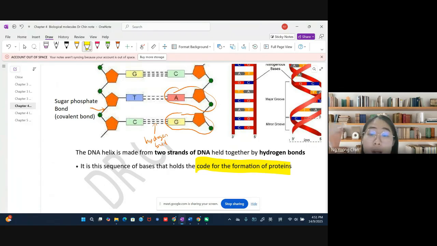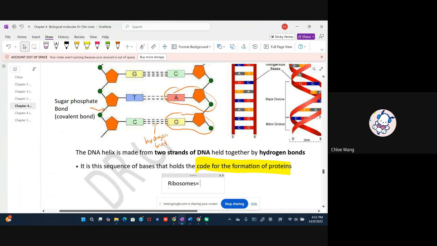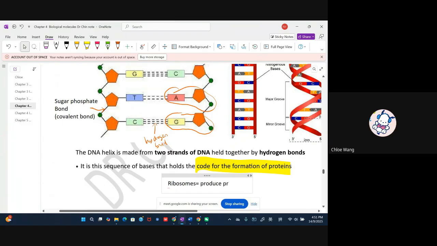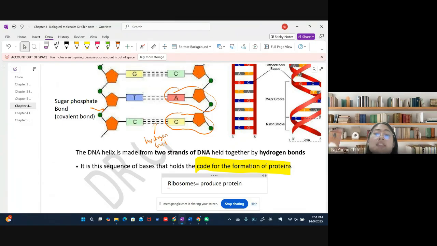So the function of the ribosome is, what's the function of the ribosome? They will produce what? Produce proteins. Yes, they will produce the proteins. Yeah. So the ribosome produces a protein based on the guidelines provided from the mRNA. Because mRNA just copies the guideline from the DNA.